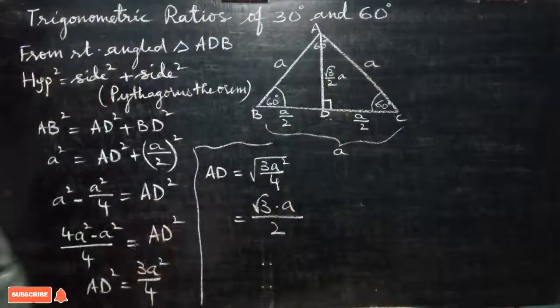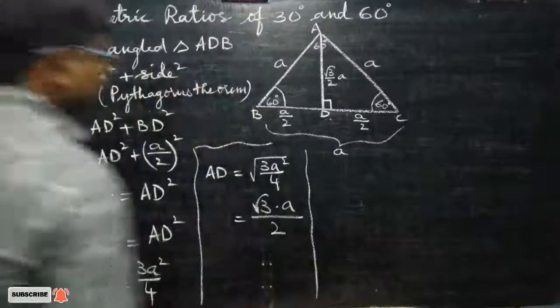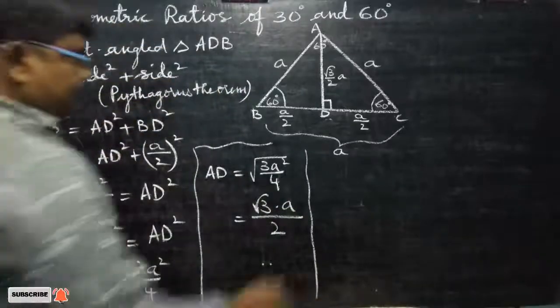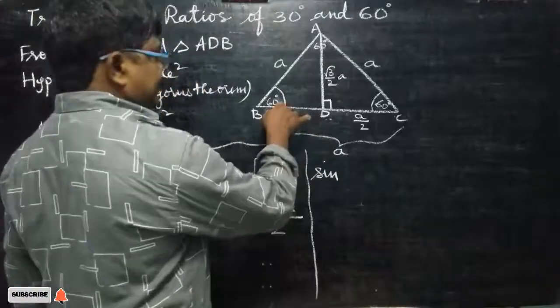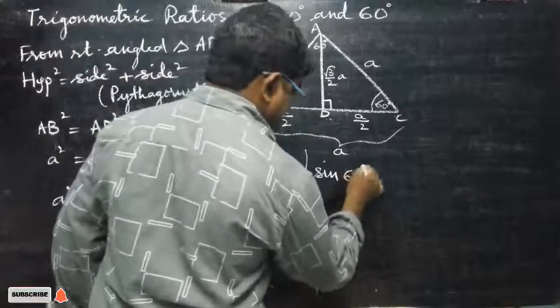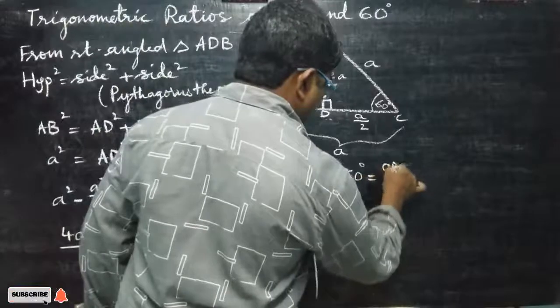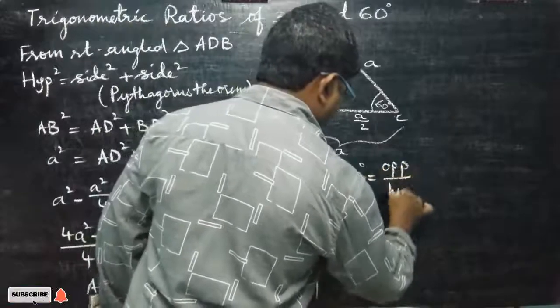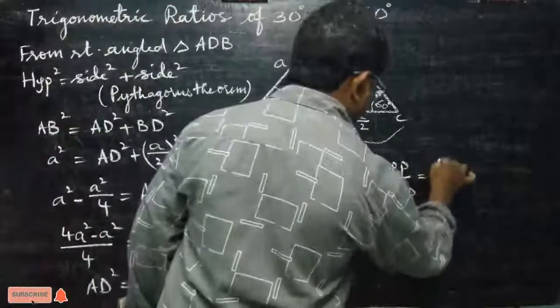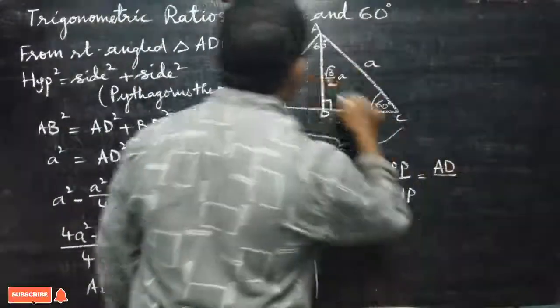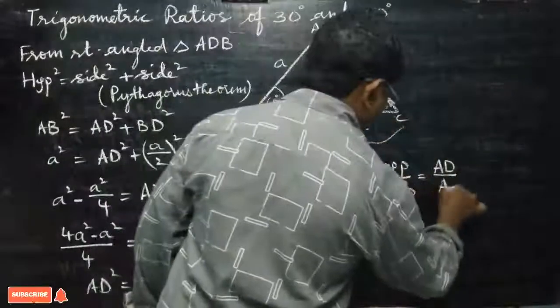Now, coming to the trigonometric ratios. First one, sine, take 60 degrees. Sine 60 means opposite side to 60 degrees by hypotenuse. Opposite side is AD and hypotenuse is AB.